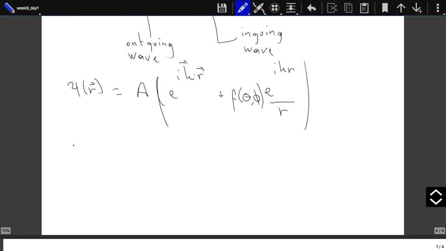Now, we had already calculated the incident current density. This is the incident wave, and this is the scattered wave.